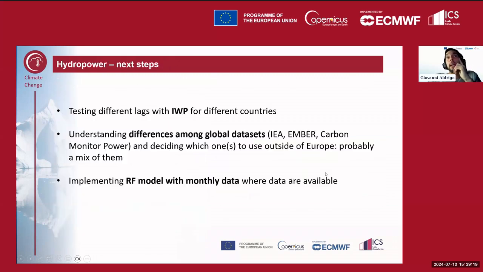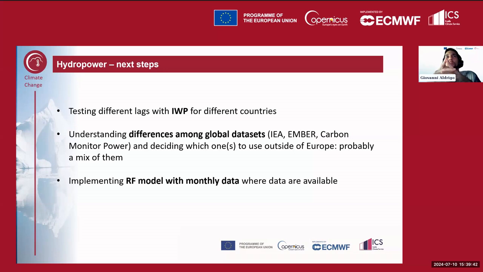And so, yeah, the main next steps are testing different lags for this hydropower proxy for the different countries in order to improve the representativeness of this variable, understanding the difference between these global data sets.